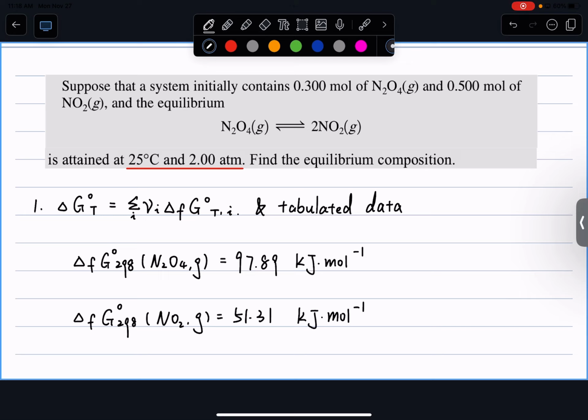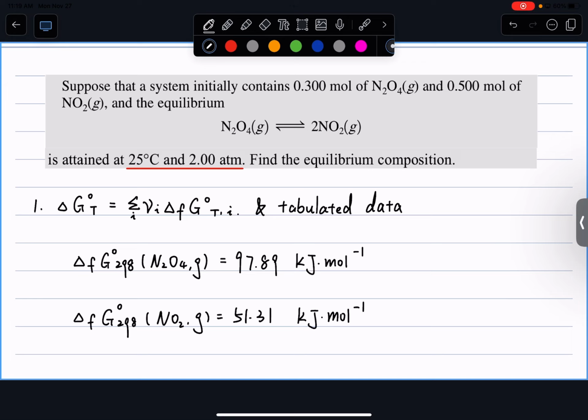From step one, delta G of the reaction equals 4.73 kilojoules per mole, and the equation we're using is just to sum them up. For step two, we're using delta G equals negative RT ln Kp, and our result is Kp equals 0.148.